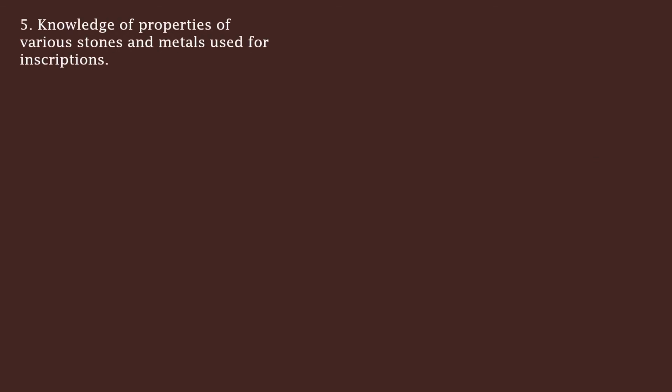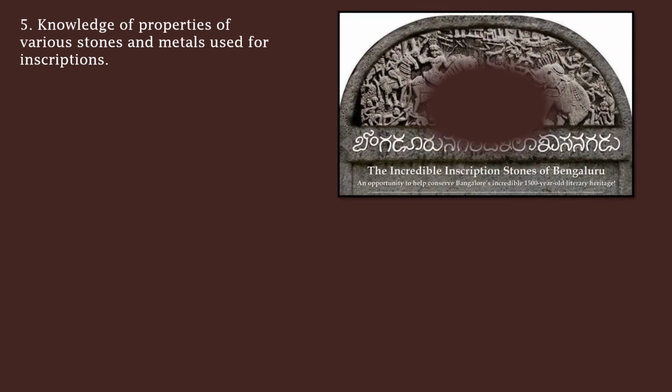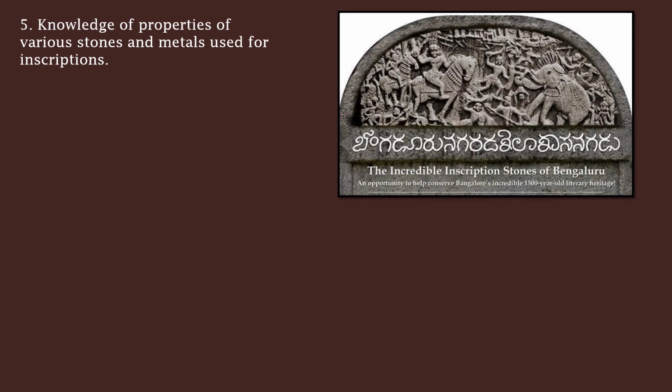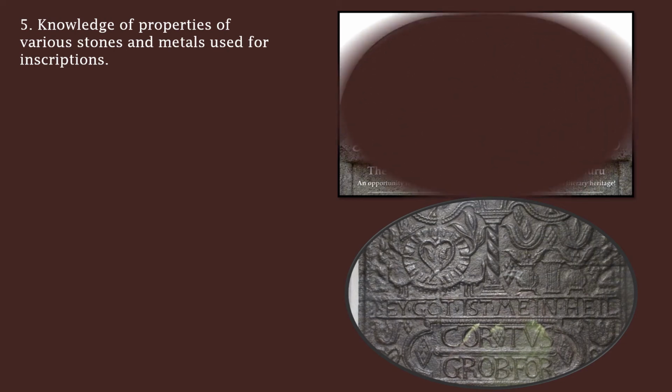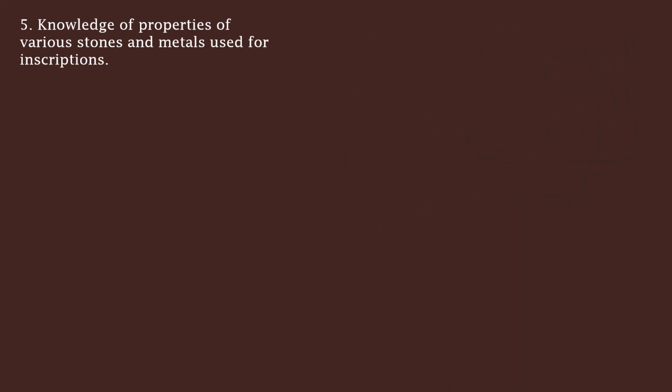Knowledge of properties of various stones and metals used for inscriptions. The study of inscriptions is called epigraphy. Inscriptions are the writings that are engraved on stones or etched on metals in ancient times. They are a significant and essential source of important information.